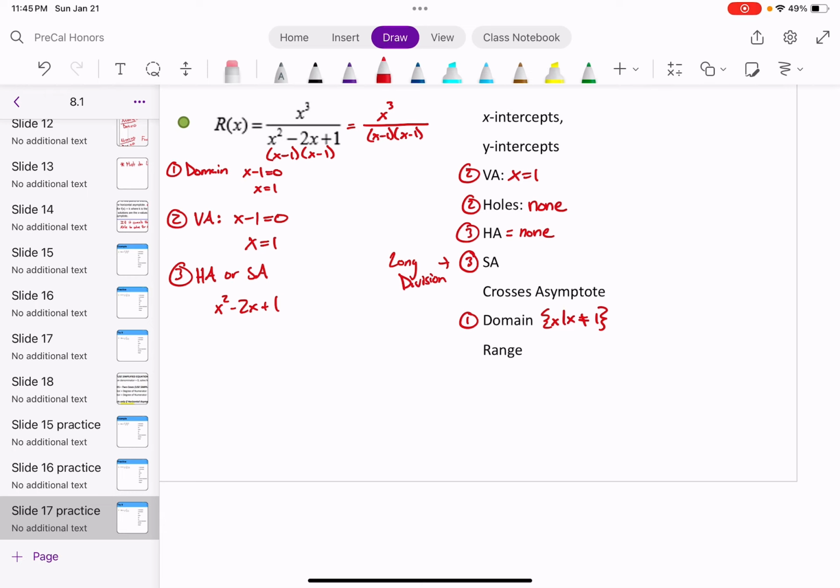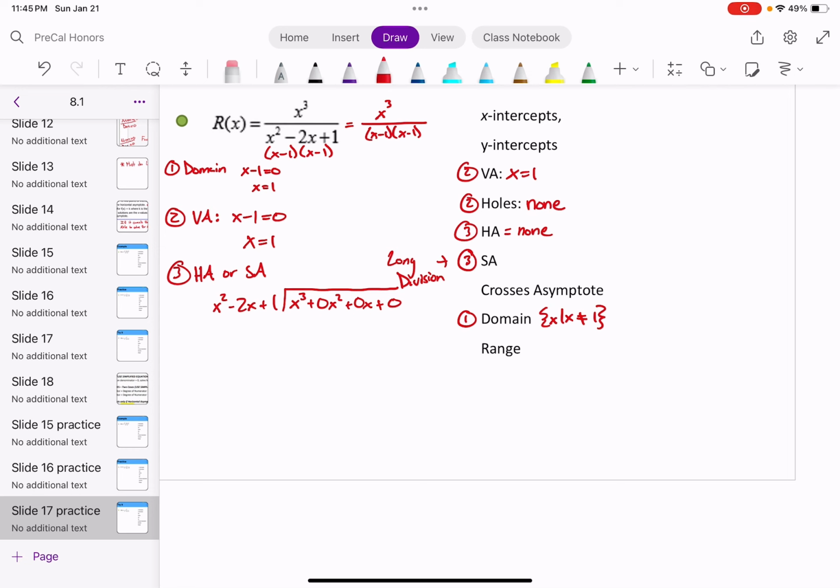So we would have to fill it in with x to the third plus 0x squared plus 0x plus 0. And our entire goal is to fit that x to the second power into x to the third. So we would have to multiply by x.